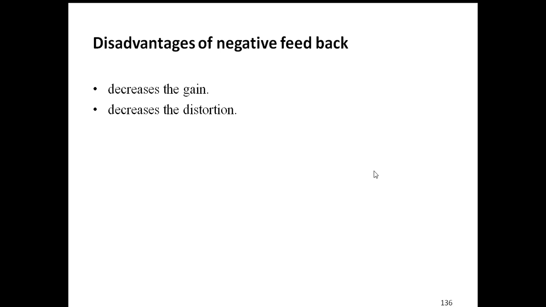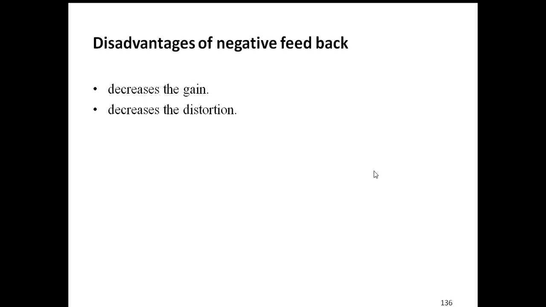Why? Because the net input signal is reduced because of the out of phase relation between the feedback signal and input signal. Since the net input signal is reduced, the output signal is also reduced. Therefore the overall gain, output by input, gets reduced.